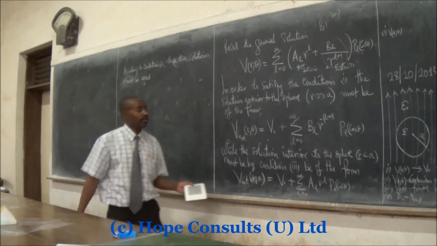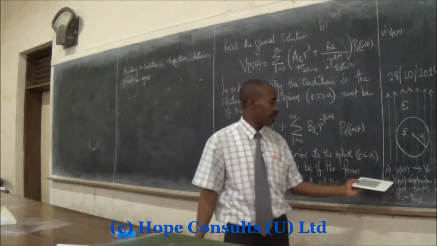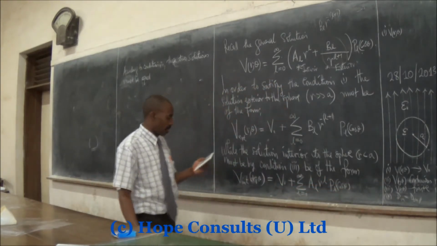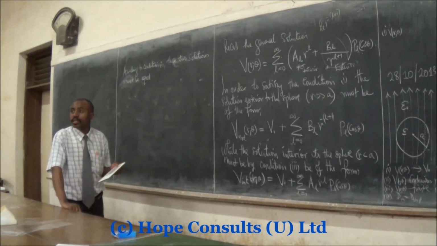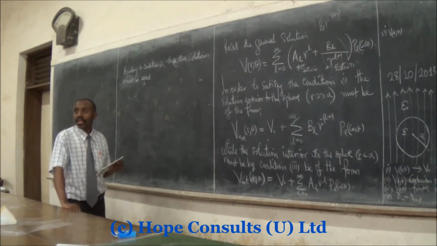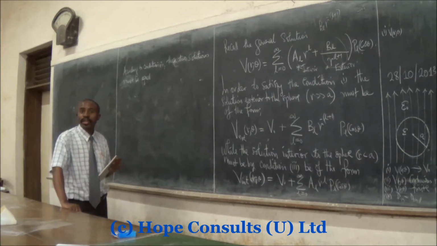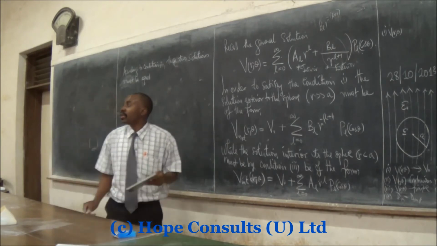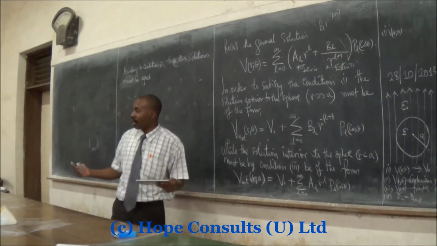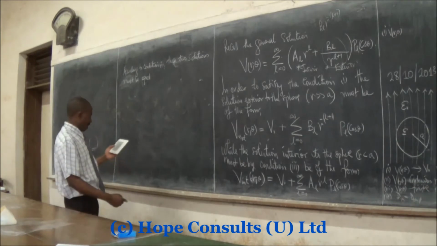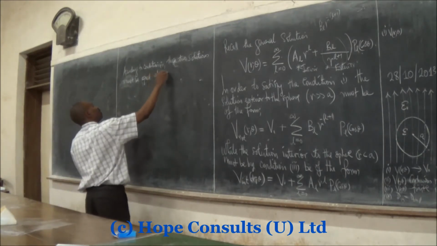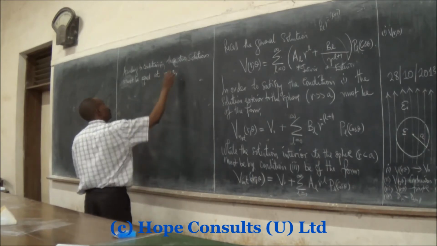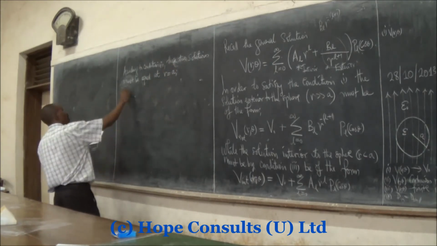Because if we are using condition 2, and we are talking of continuity, that V is continuous, the interior potential and exterior potential should be equal if we have continuity across the interface, at the surface, which is at r equal to a.